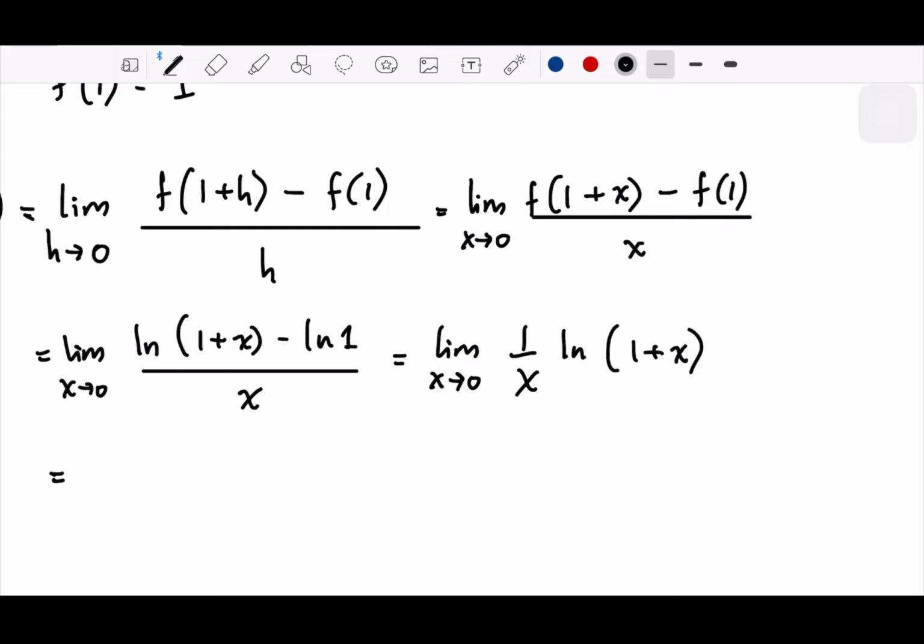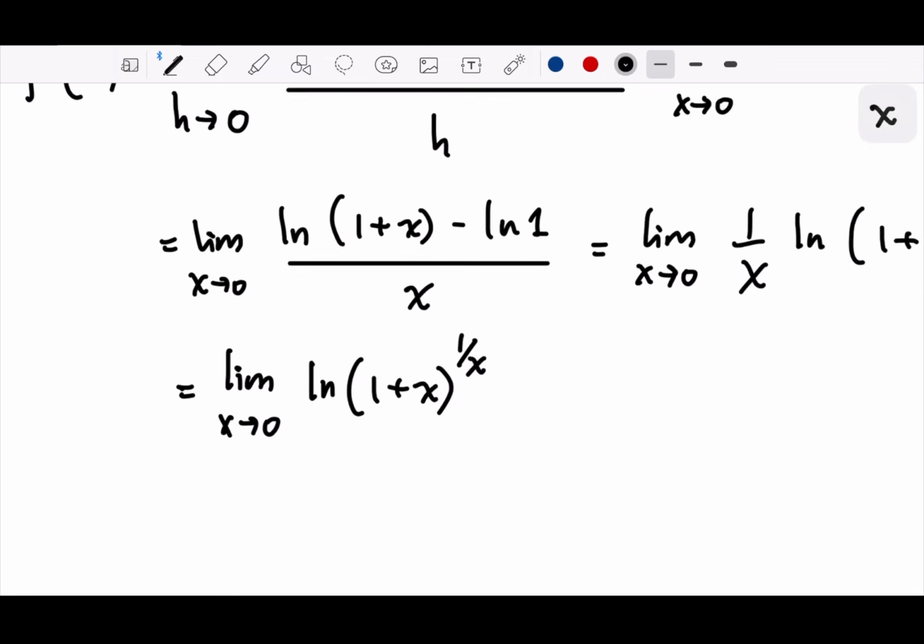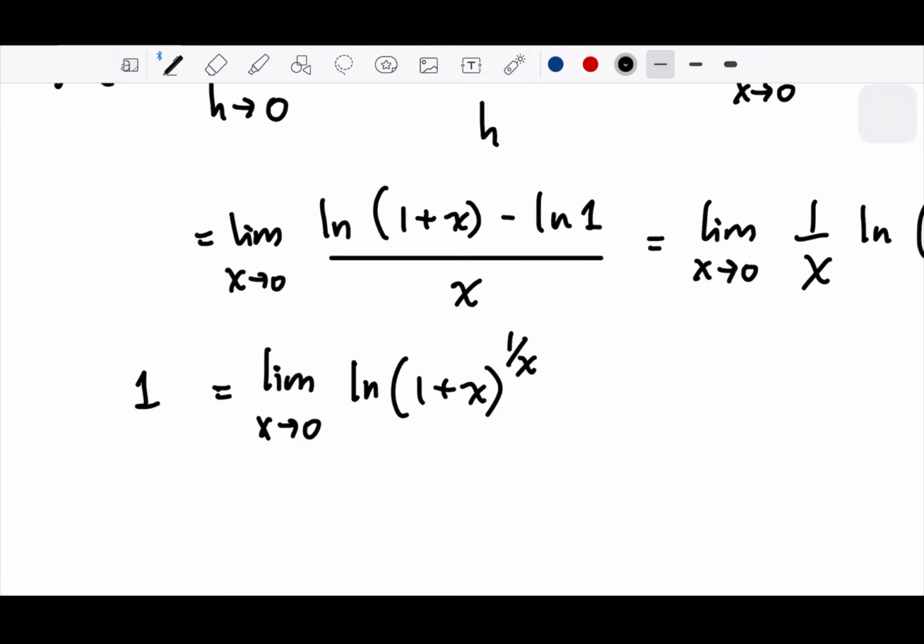And the final form we get is the limit of 1 over x times ln(1 plus x). Because we set up f prime of 1 equal to 1, this is equal to 1, right?